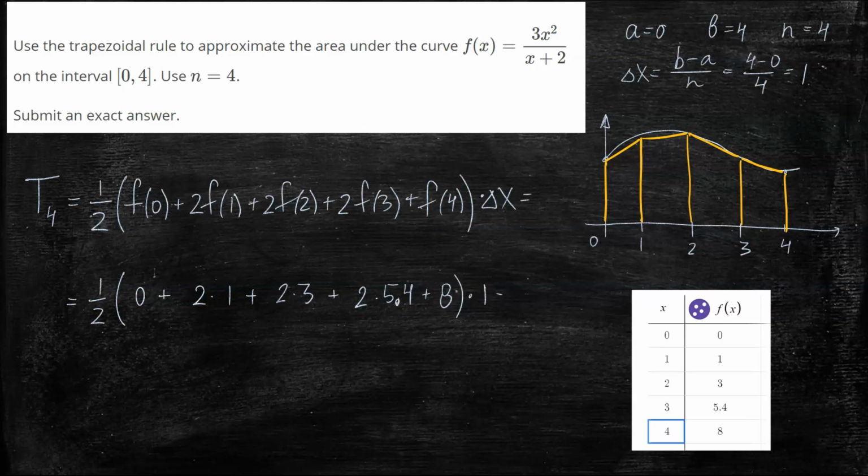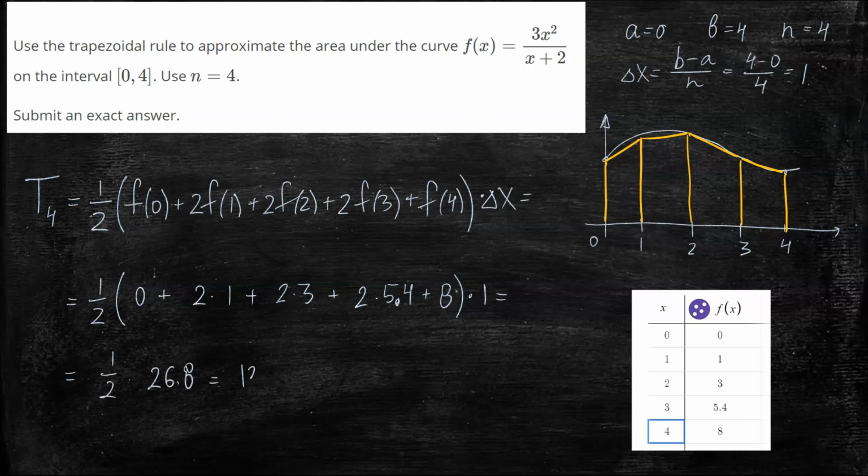Delta x is 1, so that makes it a little easier. And finishing it off, we have 2 plus 6, 8, 8 plus 8, 16, 16 plus 10.8 is 26.8, and we need to divide it by 2, or multiply by 1/2.